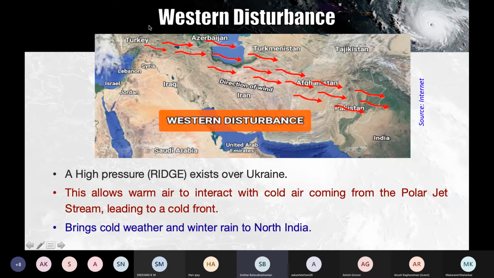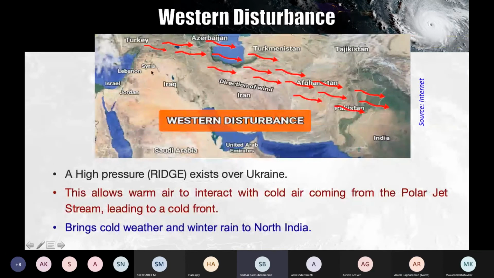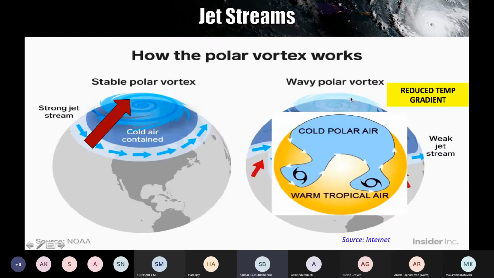So the initiation of a storm starts from here, mainly because the warm air is coming. But the warm air mixing with the cold air happens in this region near Afghanistan, Pakistan, and India. Okay, sir, I hope it is clear. Along with this, you also have to understand the ridge and trough kind of pattern which I told.